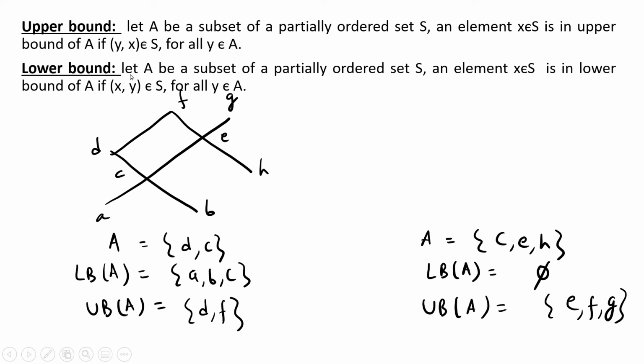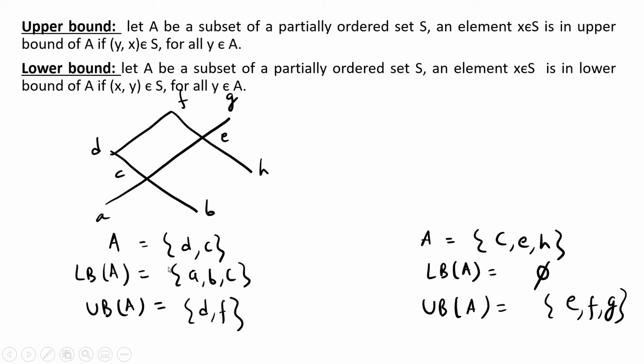Then lower bound. Let A be a subset of partially ordered set S. An element x belonging to S is a lower bound of A if there is a relation (x, y) in set S for all y in A. So we have the set {D, C}. So for the lower bound, A is related with C and A is related with D also.